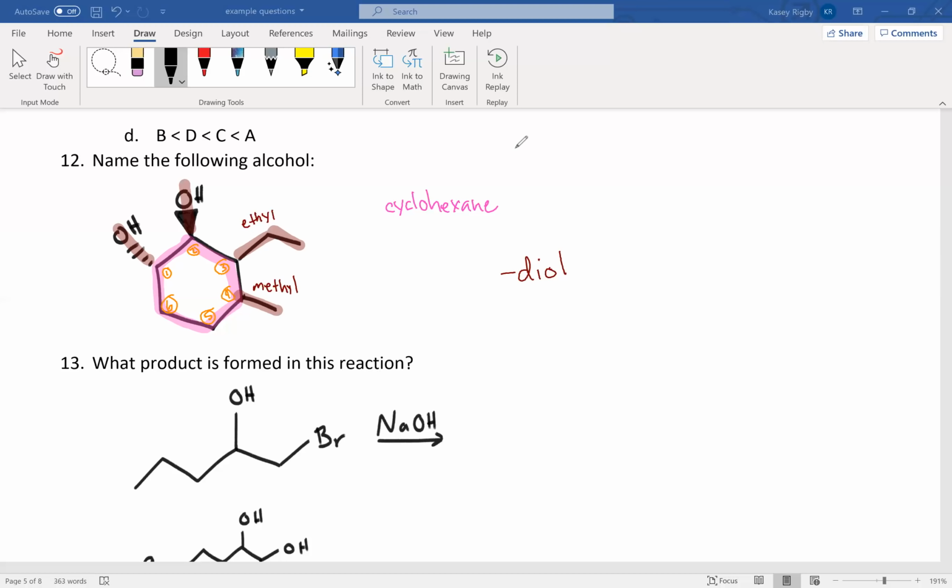So we're going to have 3-ethyl, 4-methyl, and in this case you have to put the 1,2-diol, even though this is a cyclohexane, because we have more than one alcohol. So methylcyclohexane-1,2-diol.